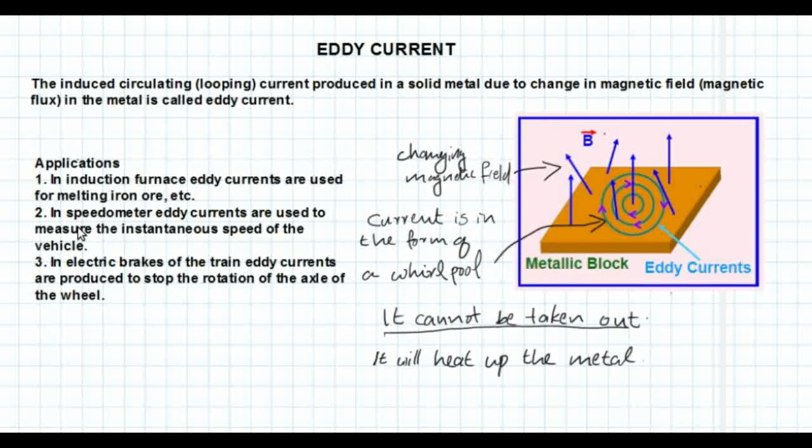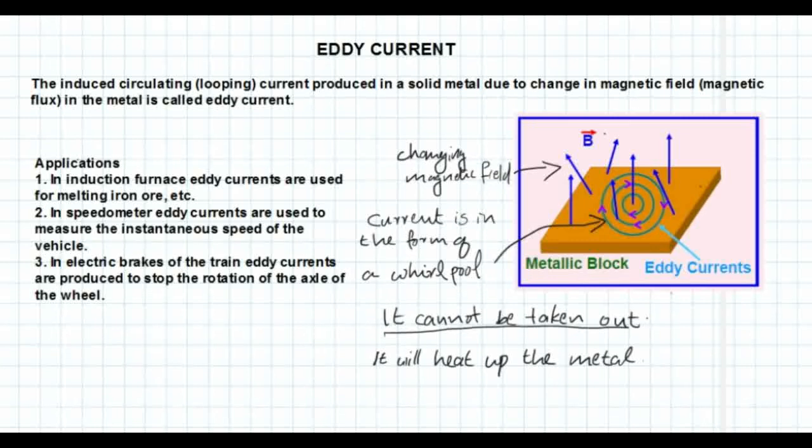Then the second application is in the speedometer. Eddy currents are used to measure the instantaneous speed of the vehicle. All vehicles have a speedometer, and the speedometer gives a deflection, or a reading, based on the eddy current produced, whether it is a digital meter or an analog meter with a needle.